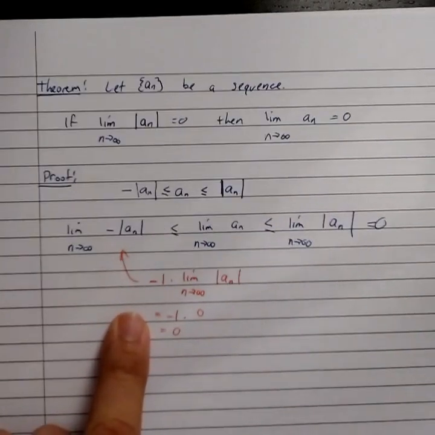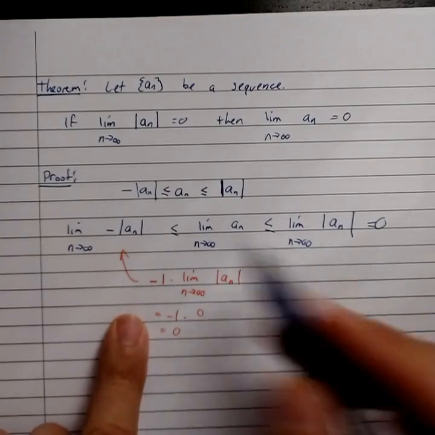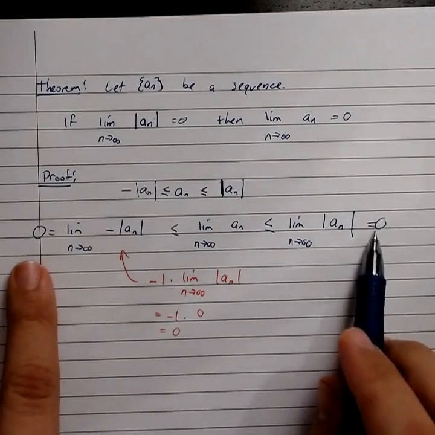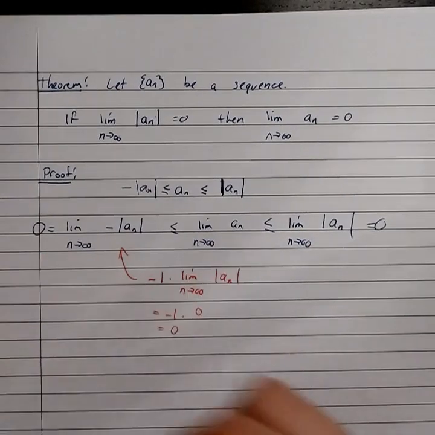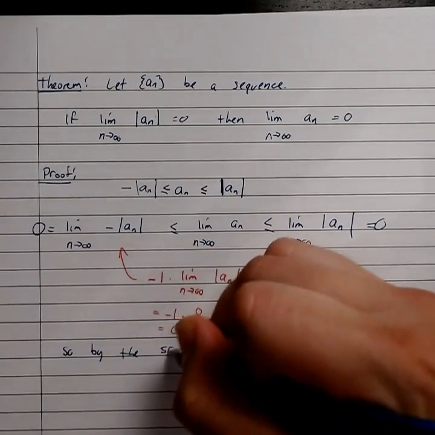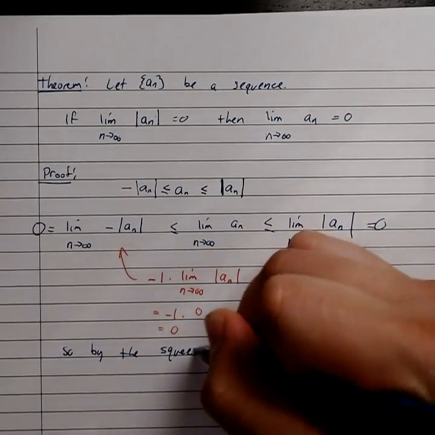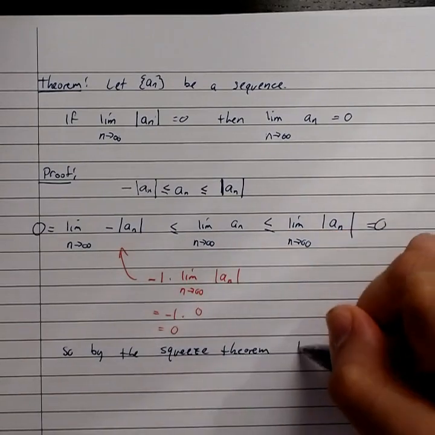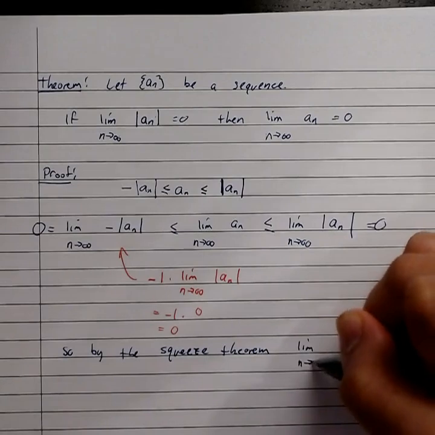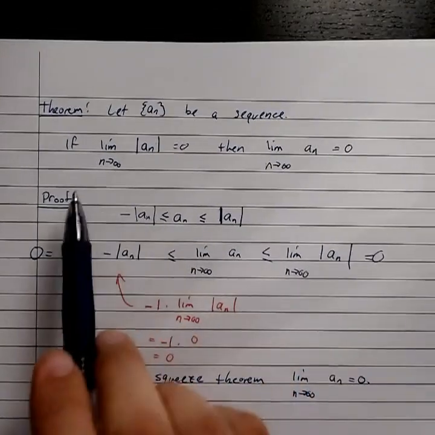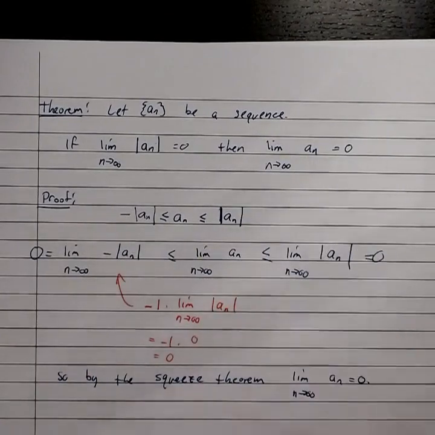Okay, so that one on the right-hand side is 0, and this one on the left-hand side is also 0. So by the squeeze theorem, that means our limit as n approaches infinity of a sub n is equal to 0. So if you assume this is true, then that must be true as well.